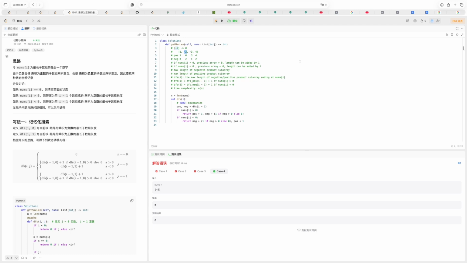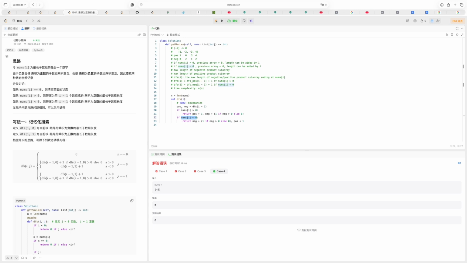Okay, so for this, the reason they don't need to add the if else condition is because when the current value is smaller than 0, its negative length will definitely be at least 1. So if the previous is 0, it is 1, no matter whether the previous value is 0 or larger than 0.